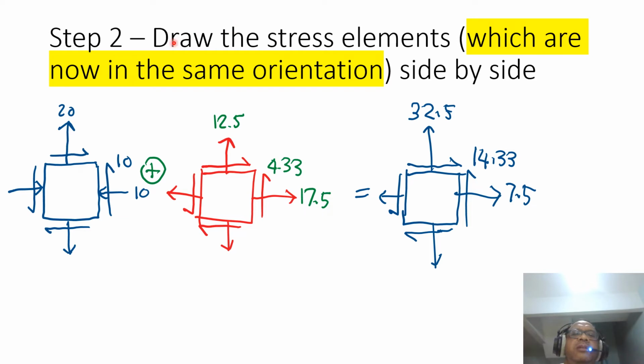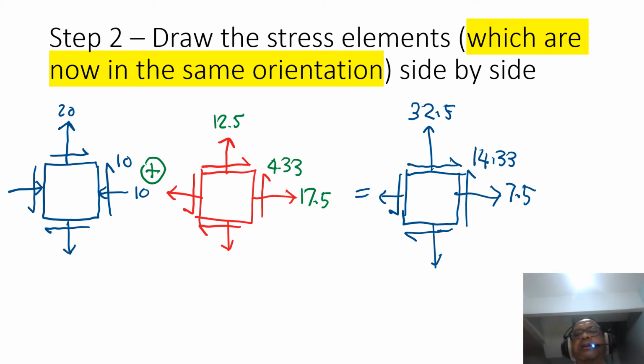We draw the stress elements which are now in the same direction, and then we can add them together. So 20 plus 12.5 is 32.5, and then 10 plus 4.33 is 14.33, and then negative 10, this is compression, plus 17.5 is the tension, it is 7.5 in tension. So this is the resultant stress element from the combination of these two stress states.